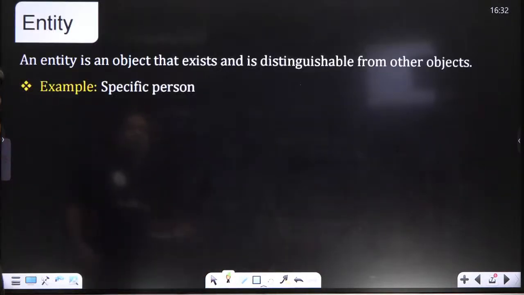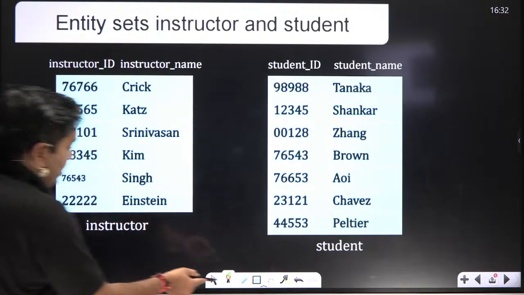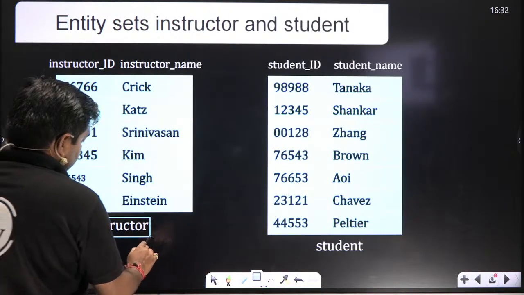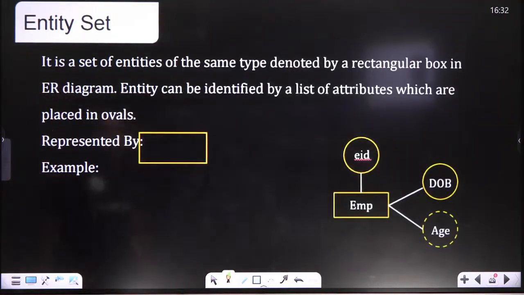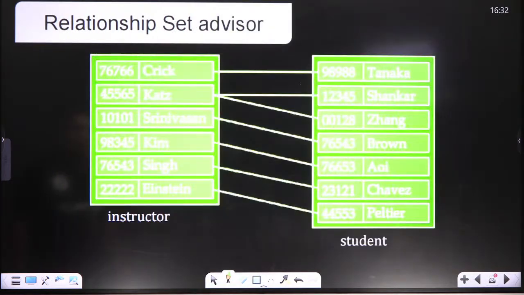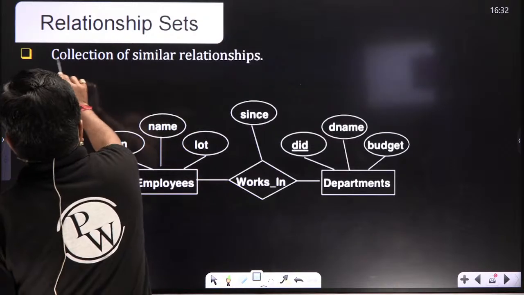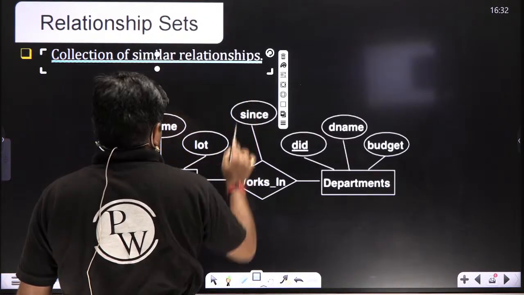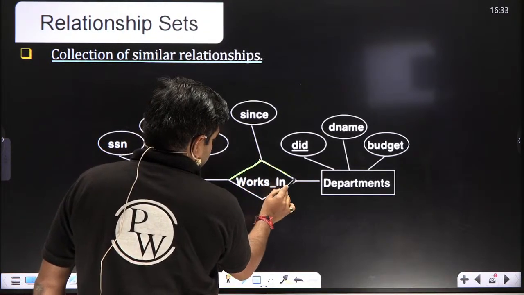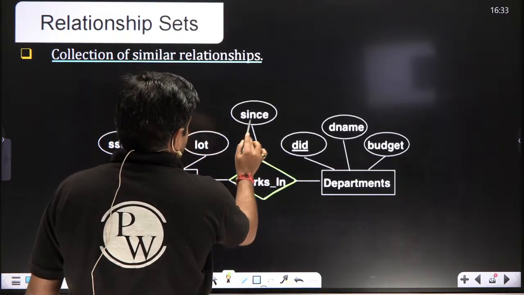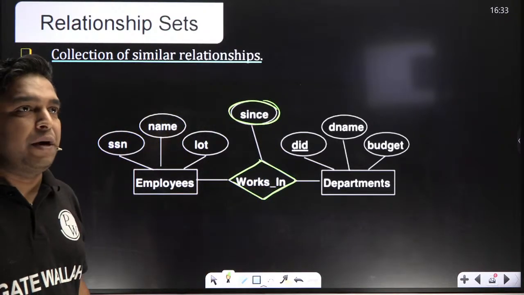This is the instructor entity set, and this is the student entity set. This is the relationship set, a collection of similar relationships. Employee works in department is called a relationship set, and this is a descriptive attribute: when the employee works in this department, since.